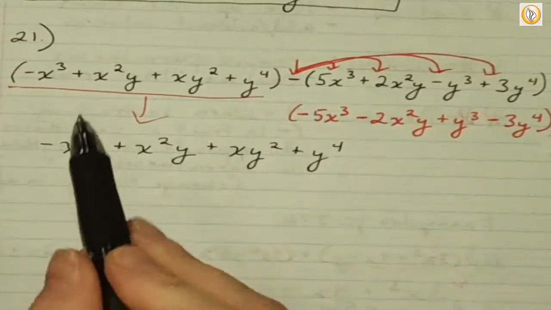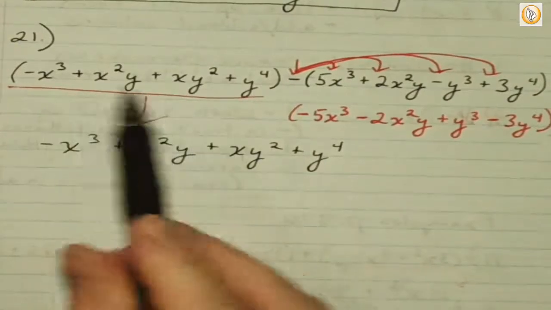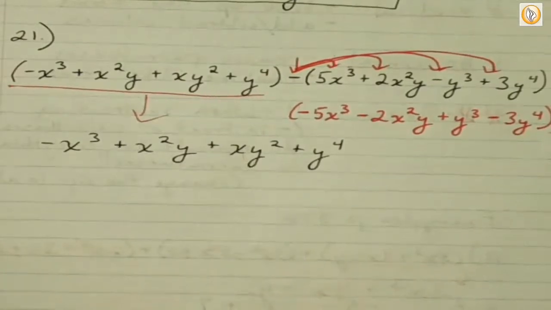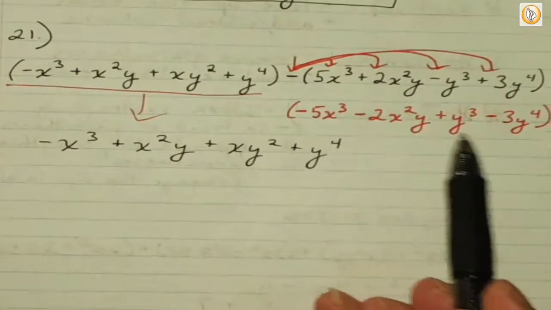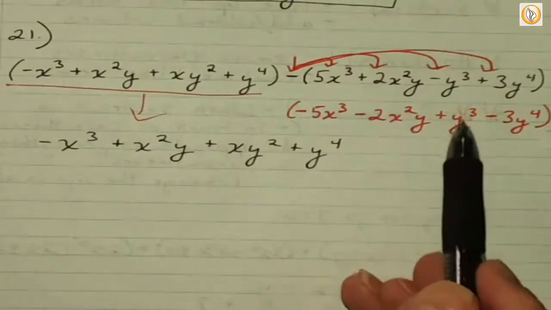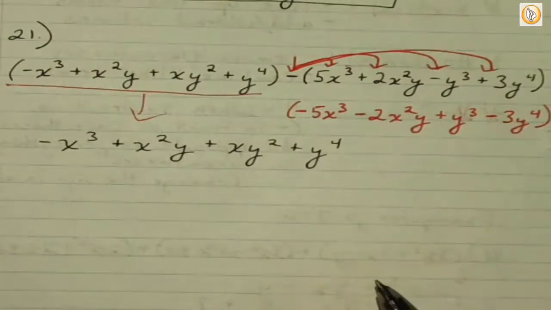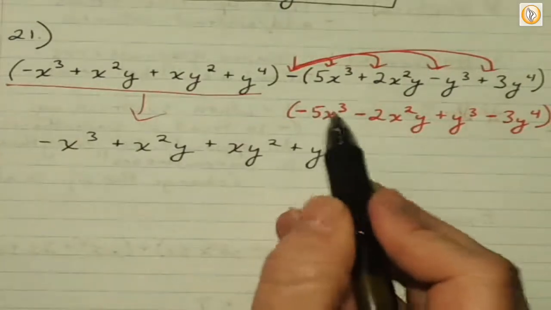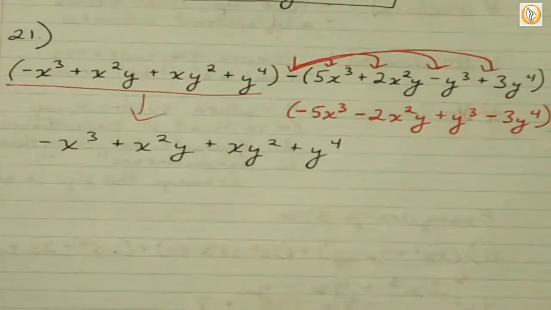Okay, so I rewrote my first polynomial. Now I'm going to start sticking each of these terms, yes, that's what they're called, under the appropriate place. So Emily, negative 5x cubed, where would I stick that?